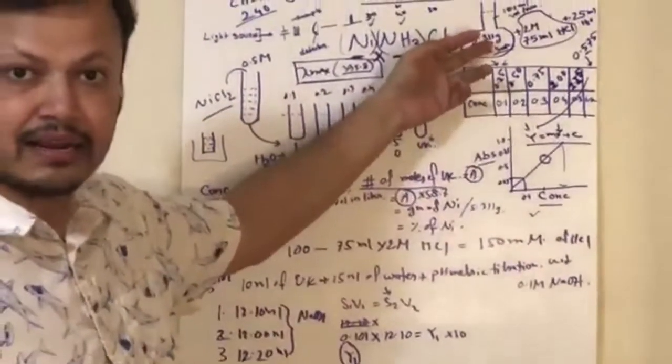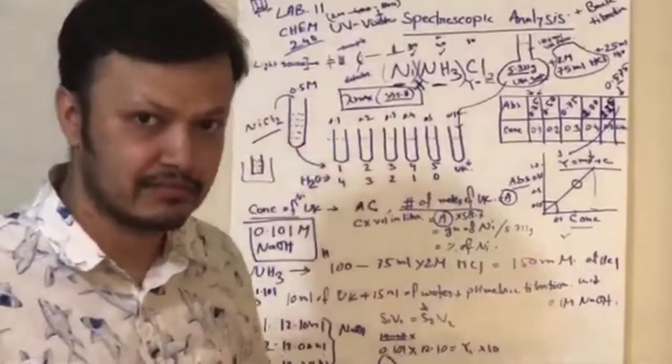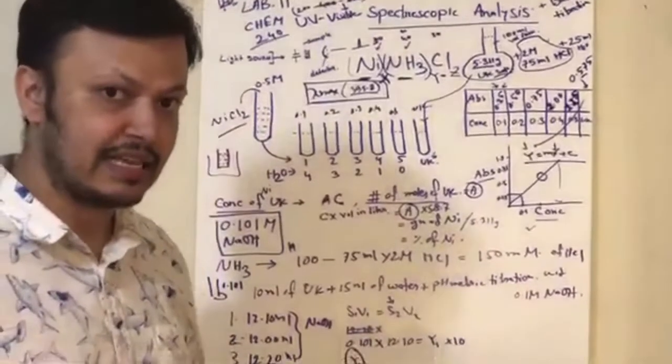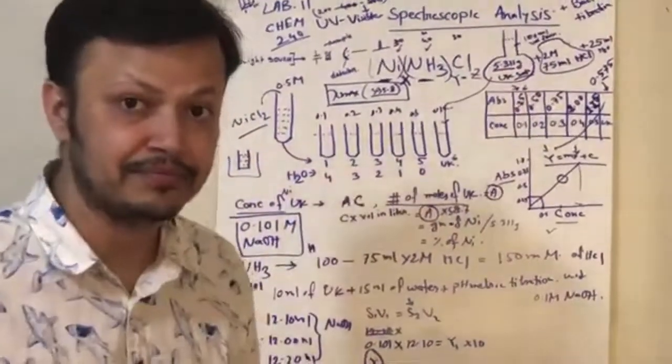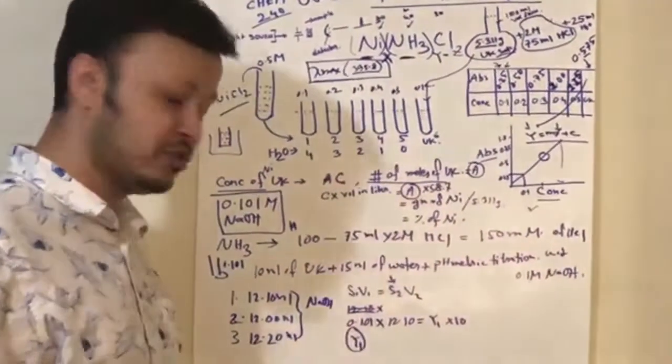And this concentration is actually what? The excess acid. If you know the concentration of the excess acid, can you find out the number of moles of excess acid in the 100 ml? I think you can. How to do that?